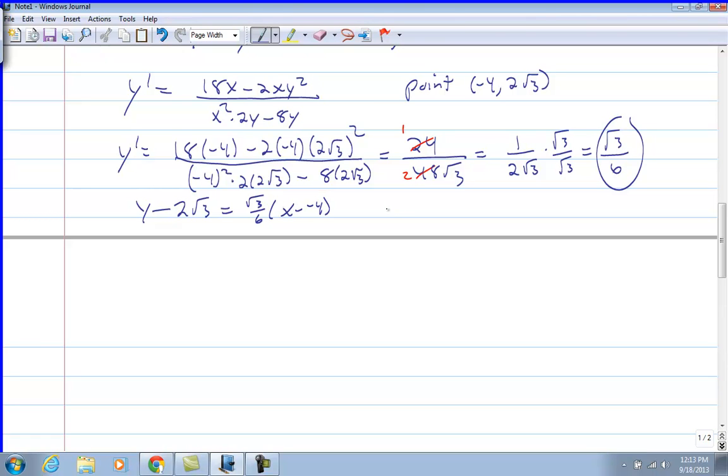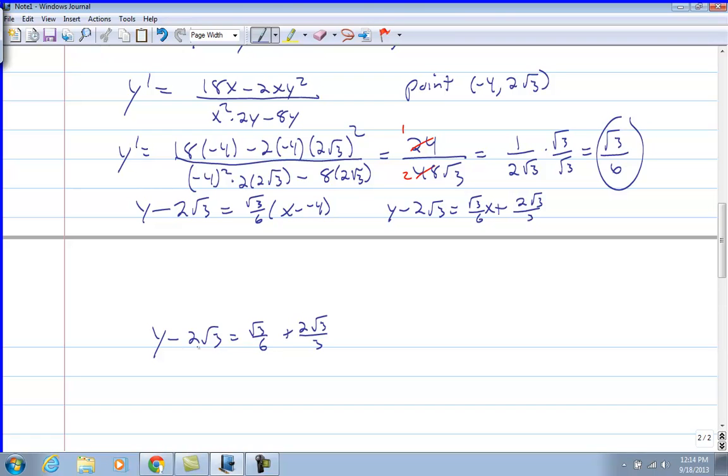So y minus 2 root 3 equals square root of 3 over 6 x, plus square root of 3 over 6 times 4, which is 2 root 3 over 3.